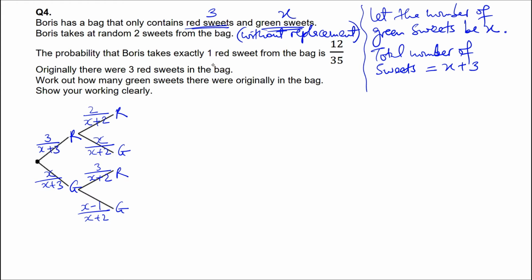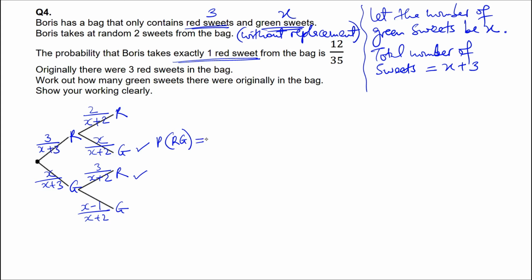What we're interested in is exactly one red sweet. If you look at this branch, that's 2 red sweets, and that's 2 green sweets. We don't want that. So exactly one will be either this branch or that branch. This is the probability of red and green, which is exactly one red.